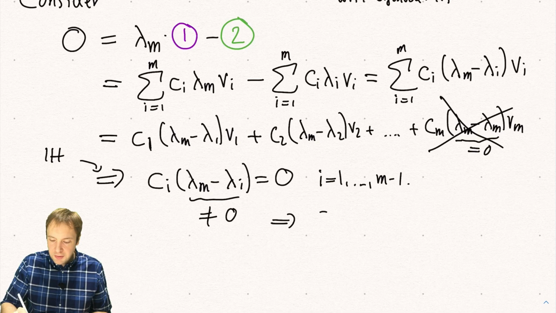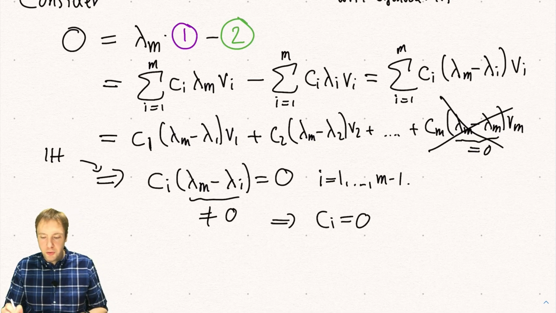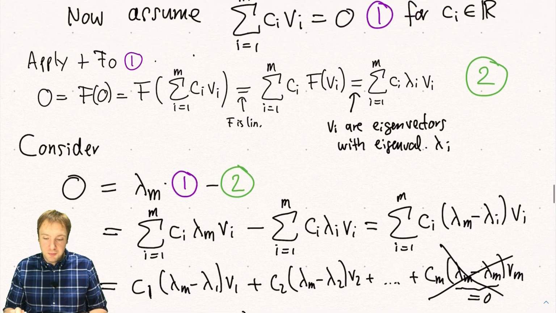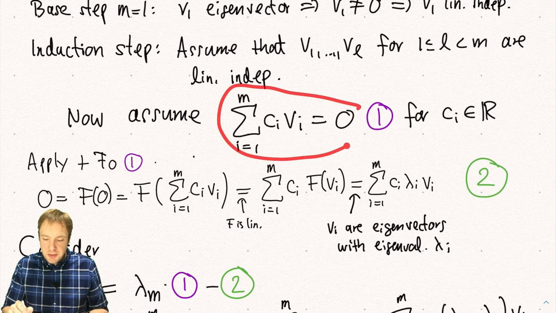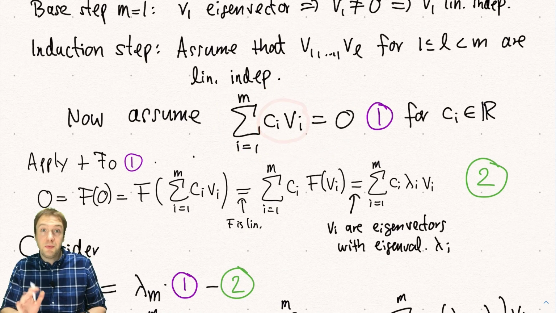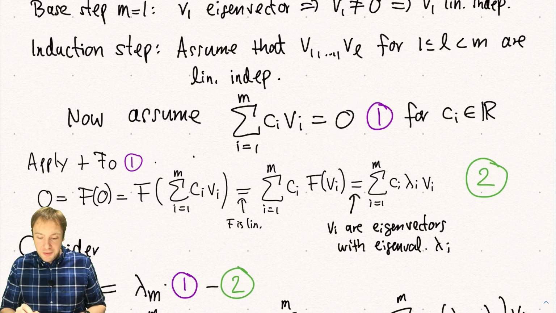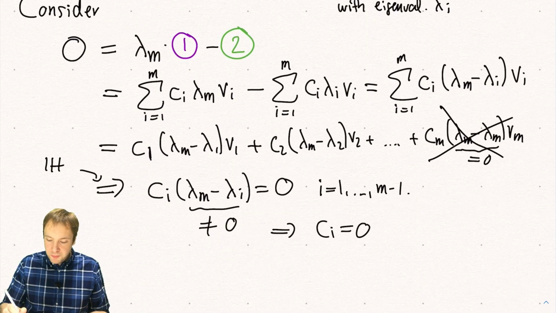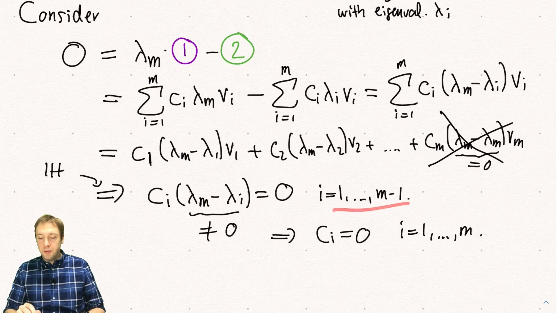So ci needs to be 0 for i from 1 to m minus 1. But then if all these coefficients c1 up to c m minus 1 are 0, in equation 1 everything is 0 except for the last part, where we have cm times vm, and this is 0. Because vm is a non-zero vector, since it's an eigenvector, this cm also needs to be 0. And therefore we get that these ci are 0 for all i, and not just for the first m minus 1.